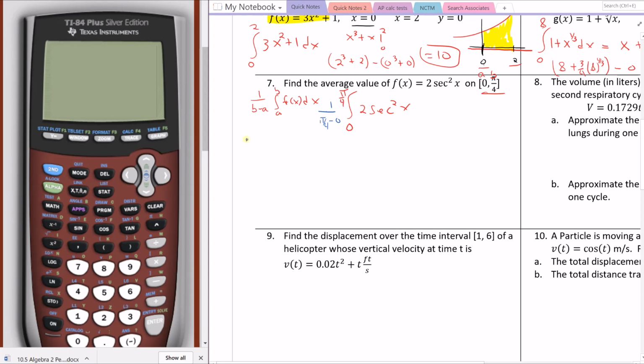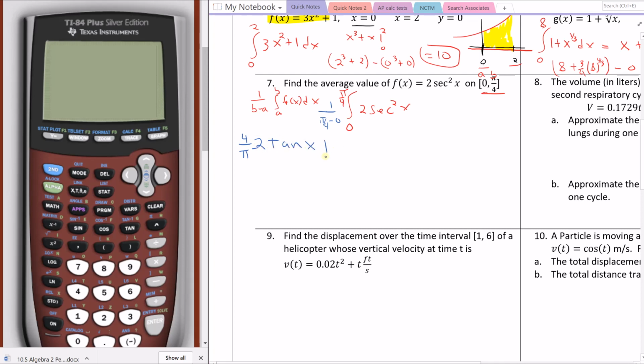That's the averaging part of it. So this is going to give us 1 over pi over 4, which could just be written as 4 over pi. The integral of secant squared x, we're thinking, what do I have to take the derivative of to get secant squared x? Well, you'd have to take the derivative of tangent, 2 tangent, because there's a 2 there.